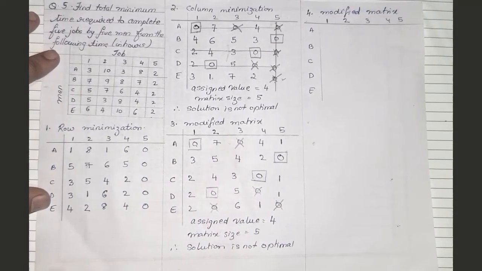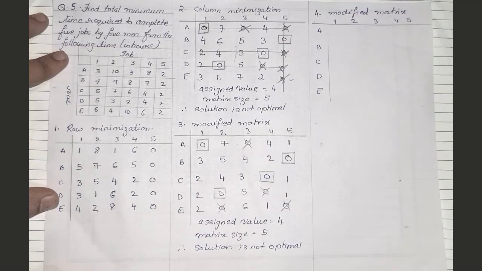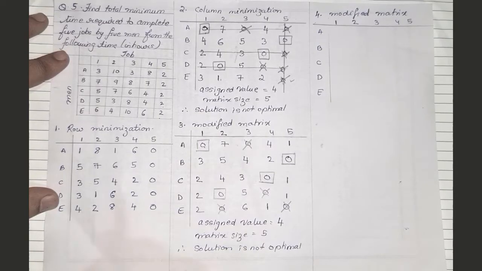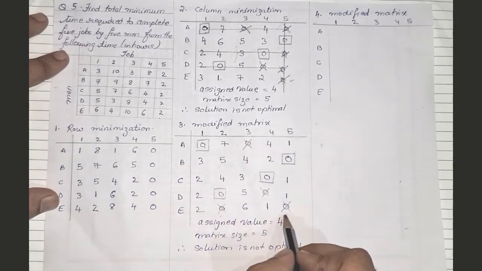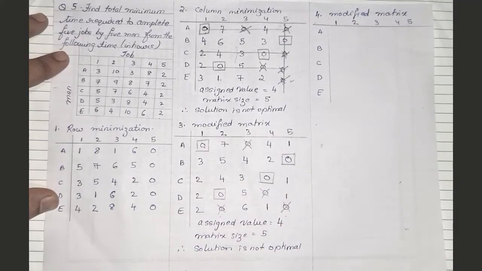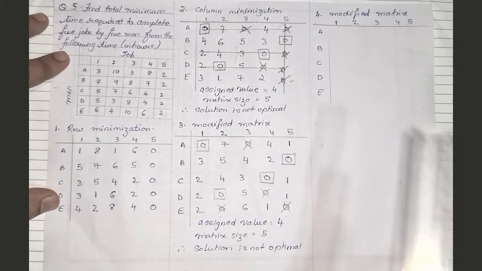The row which does not have any assigned 0, from that we'll have to start crossing those lines. So chalo, let us do that. Now first, second, third, fourth have, the fifth didn't have any zero which was assigned. So from there we'll have to start. So let's say there are now two zeros. This is the first, this is the second. So from there we'll have to start crossing all the columns.